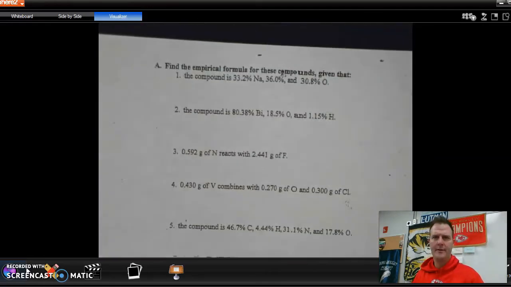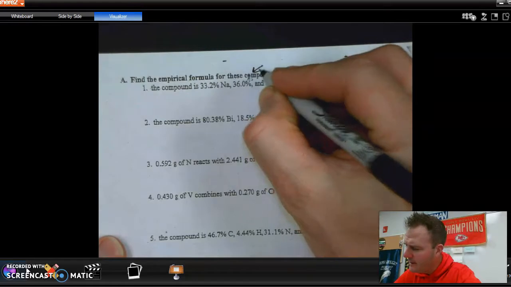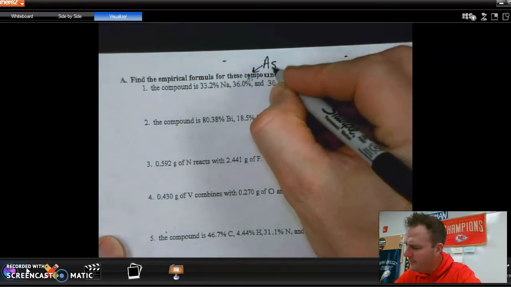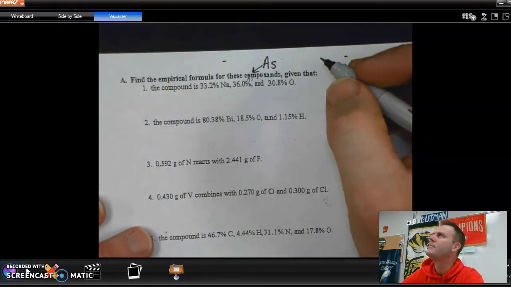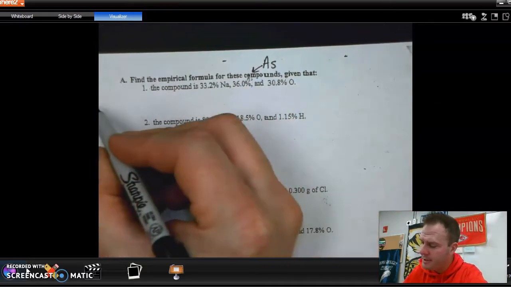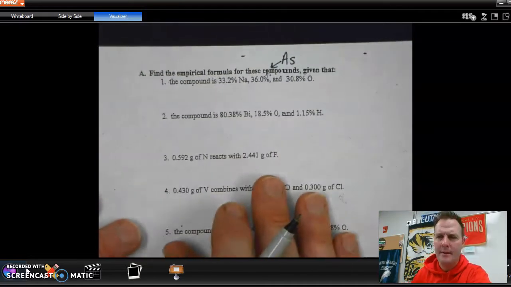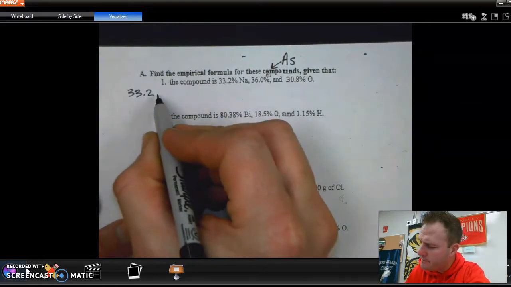So let's do another set here for you guys. This little guy right here, it's kind of hard to see, is astatine. As. Okay? So, again, you have percentages. I know I didn't give you that much room to work, but just write small.